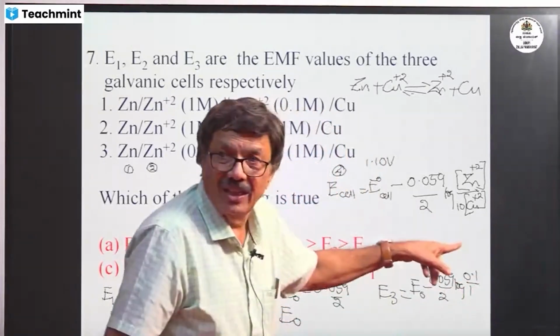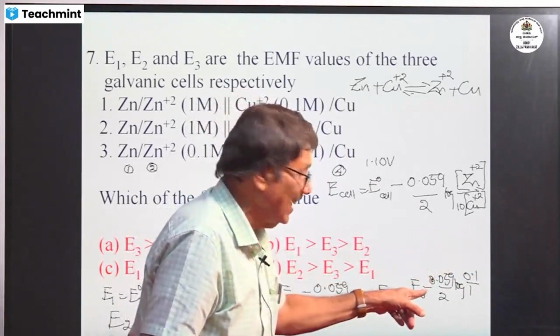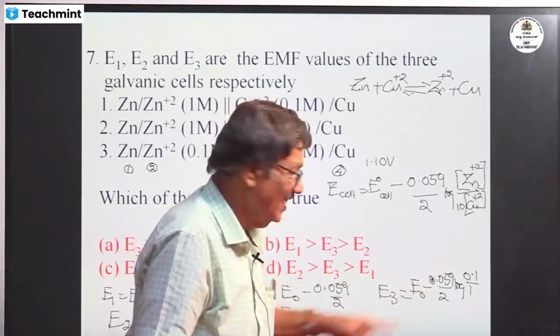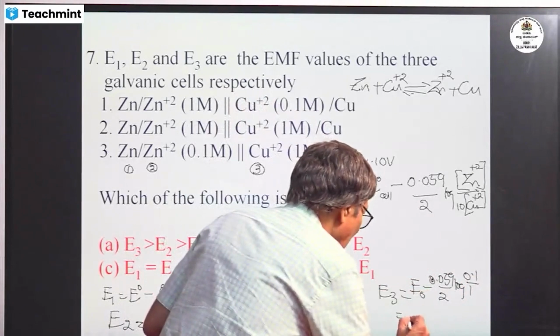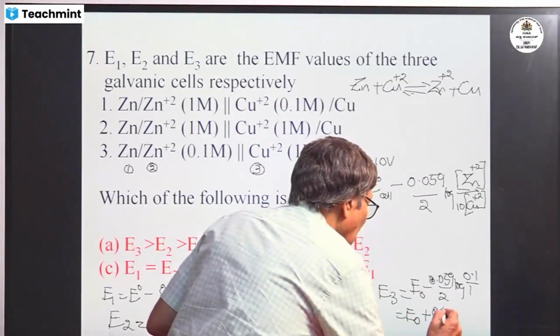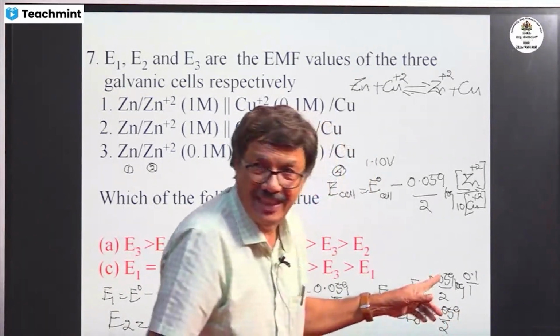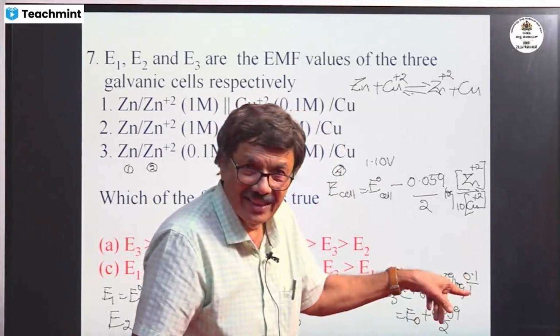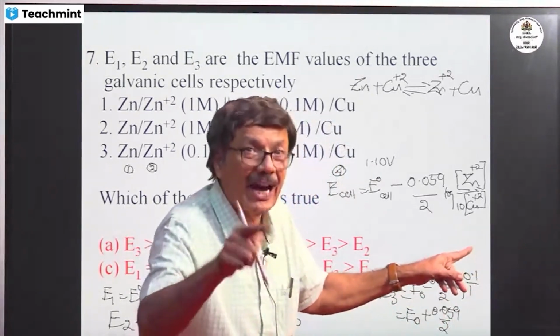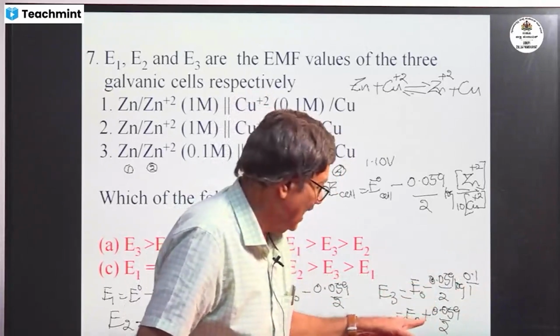Log of 0.1 by 1 is bar 1. So this gets cancelled. So it will be E naught plus 0.059 by 2. You understood how we got this plus? Log of 0.1 is bar 1, that minus sign gets cancelled with this minus sign and it becomes plus.